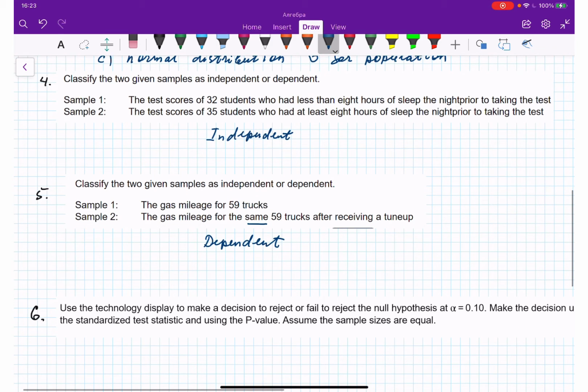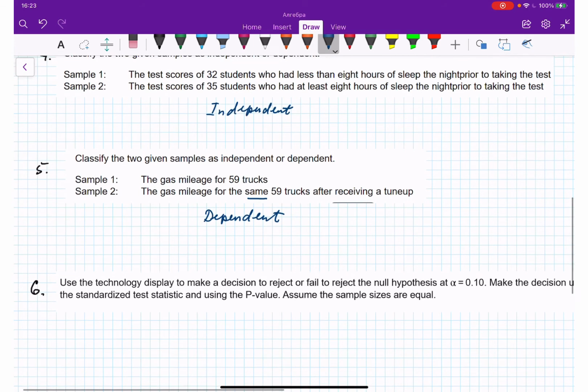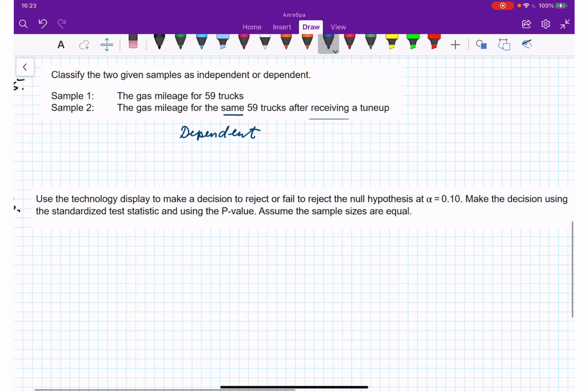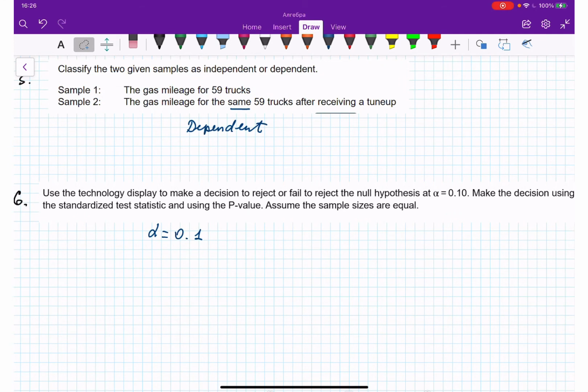Question number 6. Use technology to make a decision to reject or fail to reject the null hypothesis. Alpha is equal to 0.1. Let me write it down.